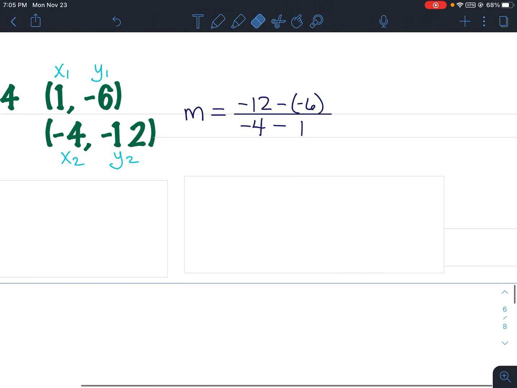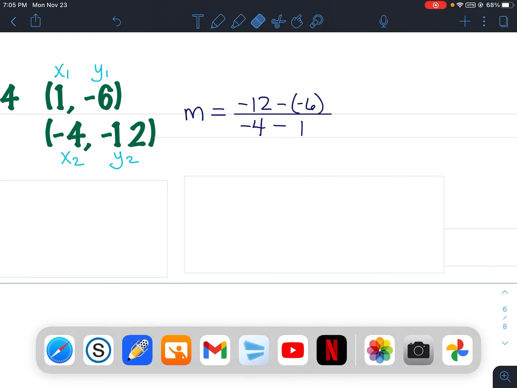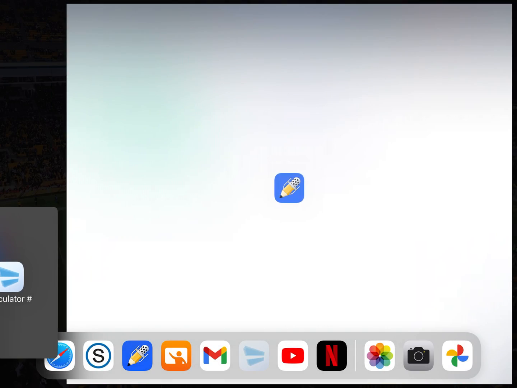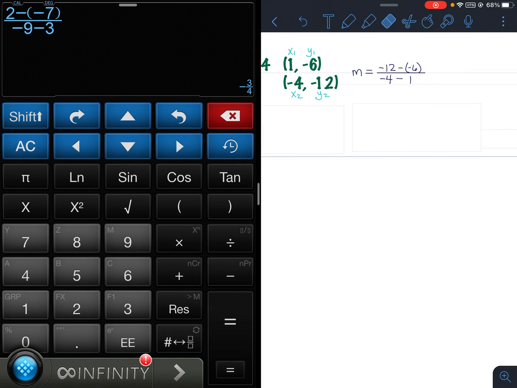All right, let's put that right into our calculator. There we go. So I've got -12 minus -6 over -4 minus 1, which is 6/5.